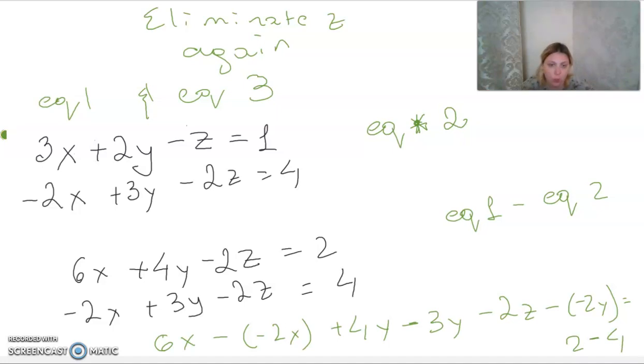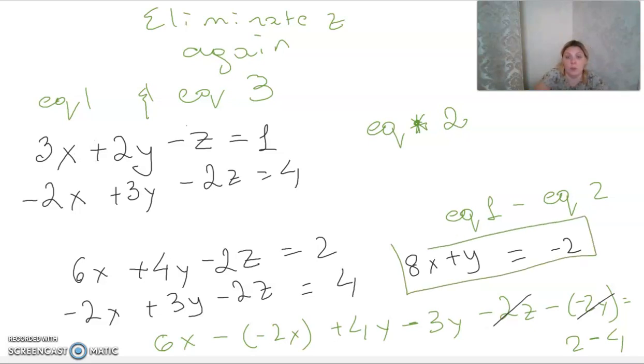Okay, so 6x minus 2x is just 8x. 4y minus 3y is just y. The z's happily kill each other, and over here I have negative 2. And this is my second equation.